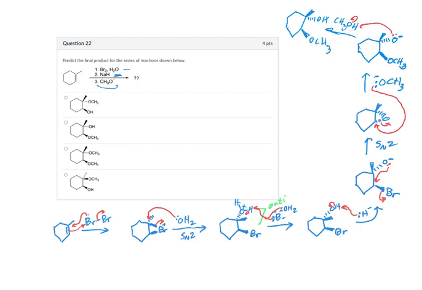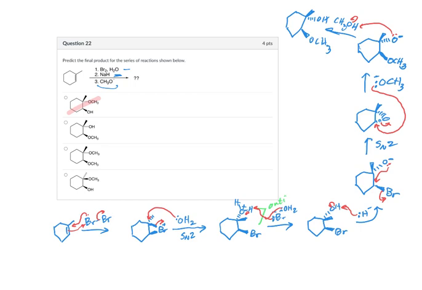The important parts here are that the OH and the methoxy group are anti, right? And that the methoxide, the last nucleophile, is on the less substituted side. So which one does this match to? Not this one, because that has the methoxy group on the more substituted side.